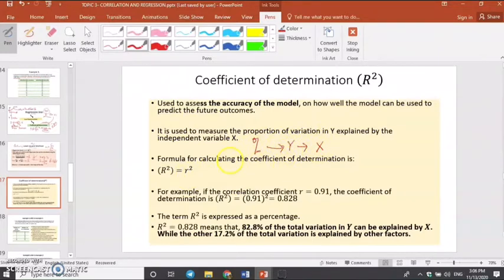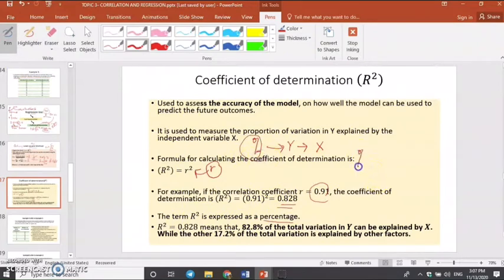So sebab tu kita cari dia punya R square. So daripada nilai R, which is coefficient of correlation, you boleh cari coefficient of determination dengan menggunakan R square, which is squarekan sahaja nilai dia. Kalau R you dapat 0.91, you square tadi you akan dapat 0.828. Okay, so R square is expressed as a percentage. Sebab tu saya cakap percentage.